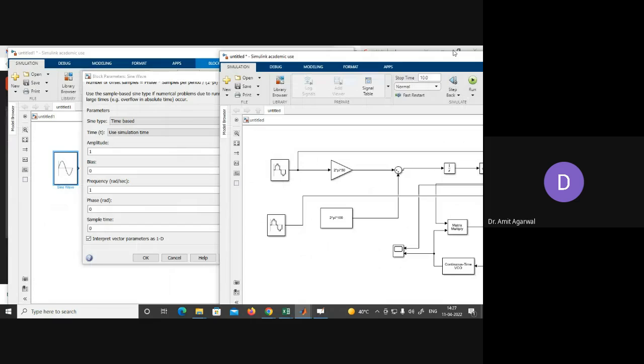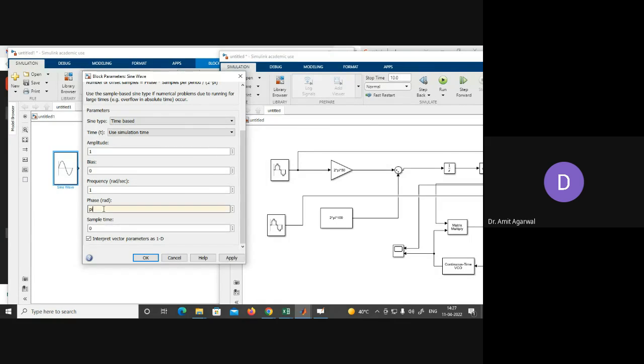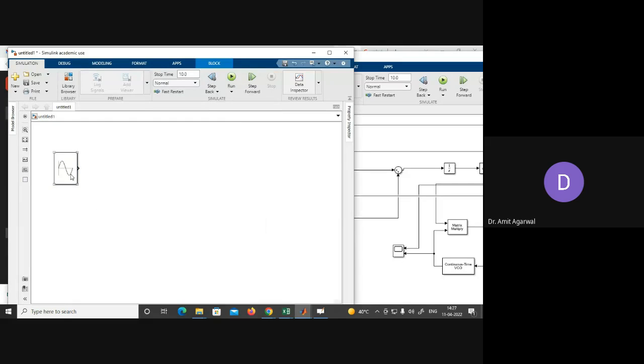Because we are taking cos 2 pi fmt, the phase should be pi by 2, and the frequency fm is 10. Amplitude is 1, Am is 1. Okay, is this clear? It is actually a cosine wave.